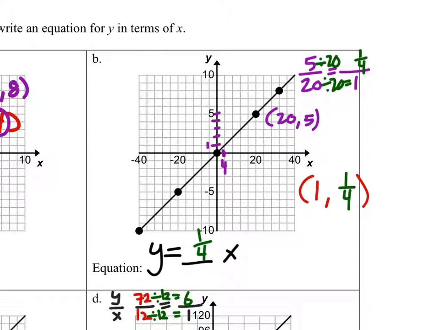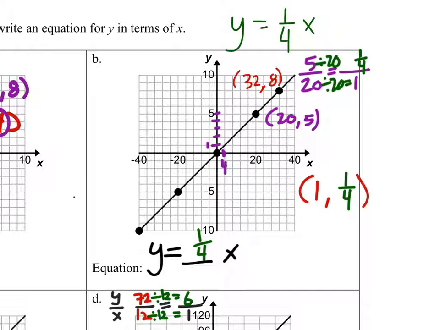So let's check on this one. Let's go back. So the equation that we have is y equals 1/4 x. But let's use a point that we see. Let's not use 20, 5. Let's use this other one, which is 32 and 8.